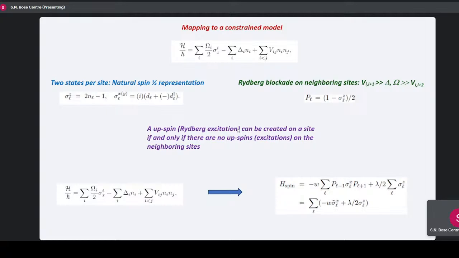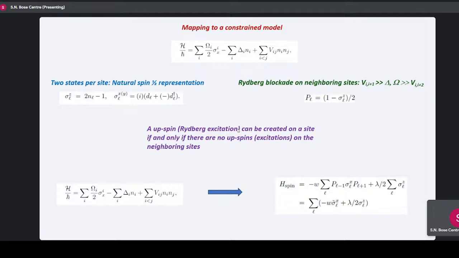So the effective model for this Rydberg excitation is something like this, where this is the detuning parameter delta, and this is the Rydberg excitation. Since there are two states per site, I can go into a natural spin representation. And also, I'm going to talk in the regime where the neighboring sites have a very large Rydberg blockade, so that two Rydberg excitations will never appear on neighboring sites.